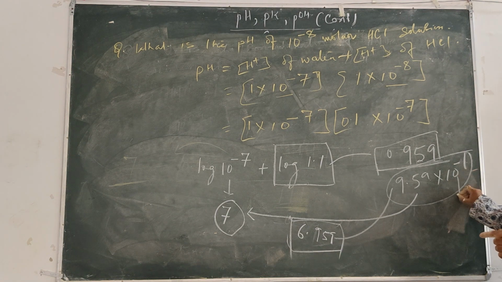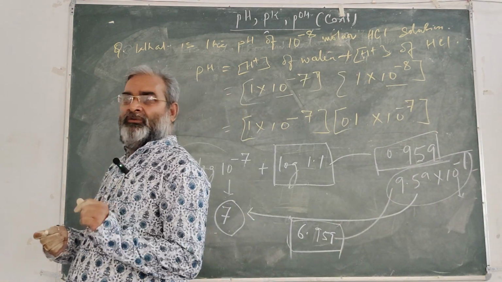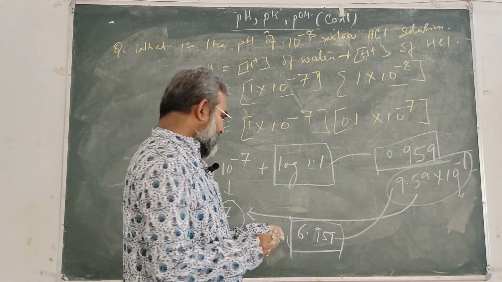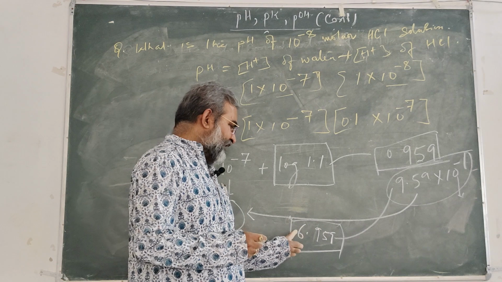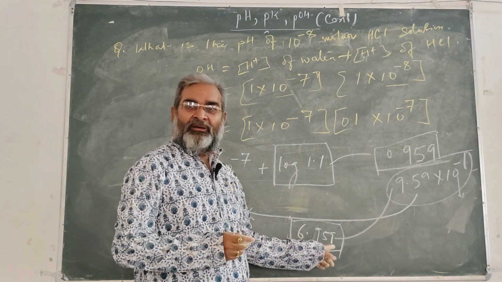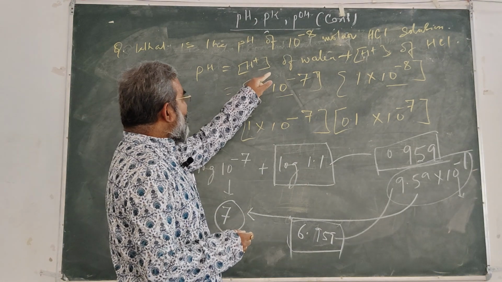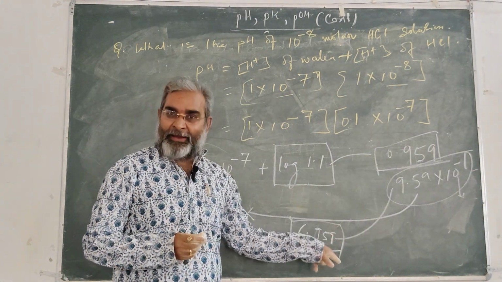This value is reduced from this 7 value, that is the 6, and to the 6 this value is added here, that means 6.959. That means its pH value is 6.959.